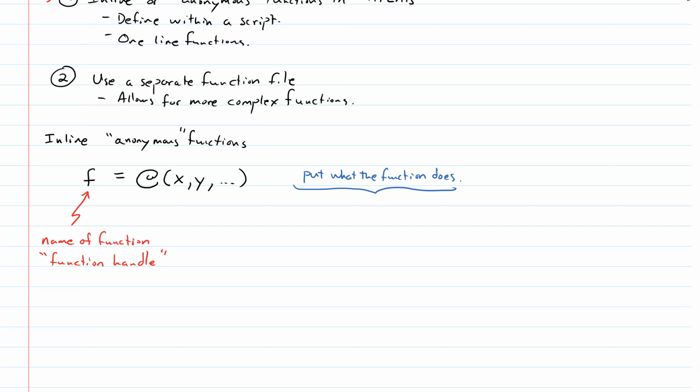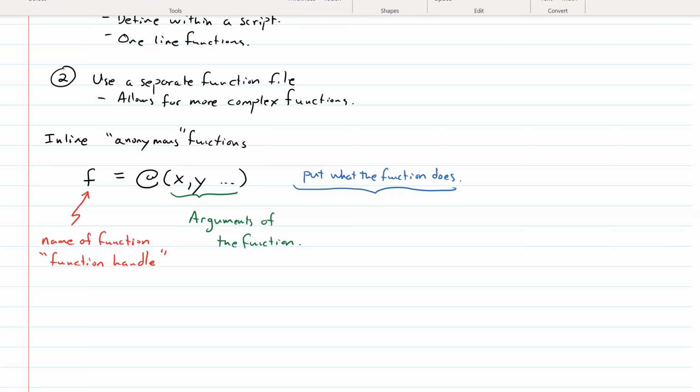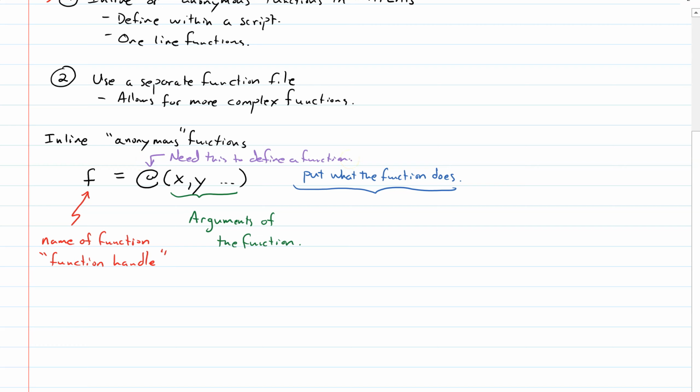That's the name of the function handle. This thing here tells you about the arguments of the function. You need this at symbol to define the function. So let me demonstrate that in an actual example using MATLAB.